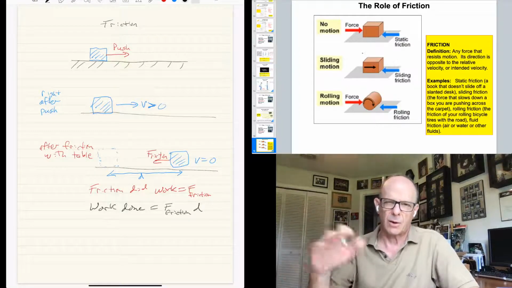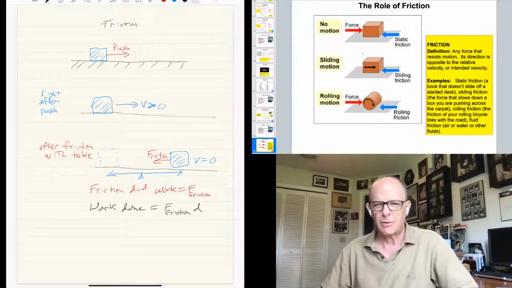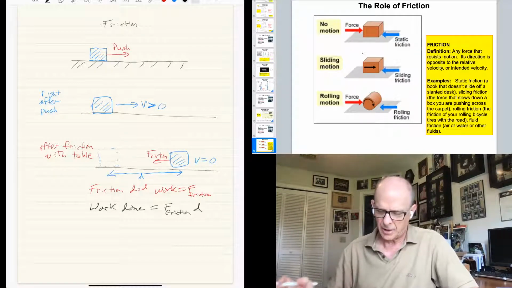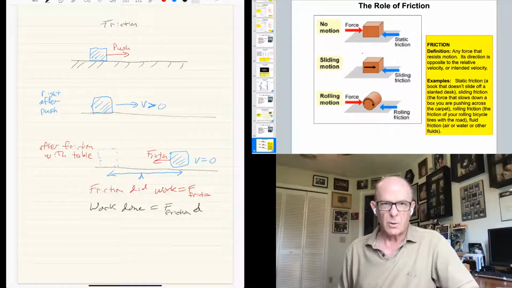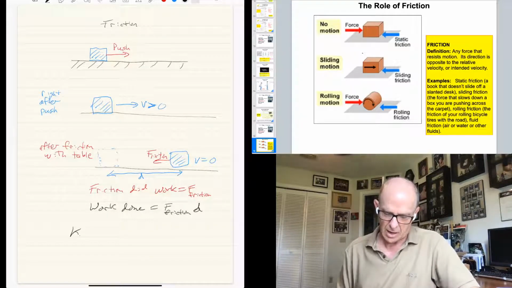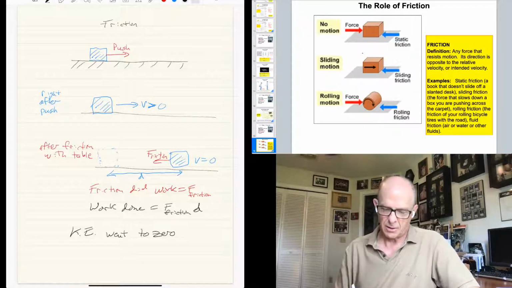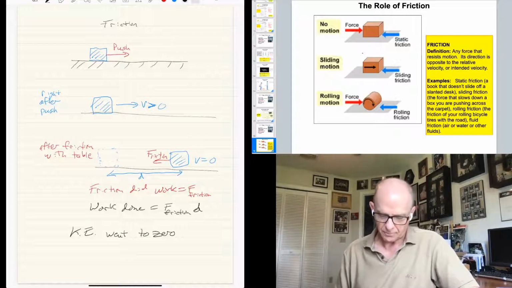We have to know things that we're not going to worry about in this class, like coefficients of friction, how heavy the block is, what the materials are made of. We don't really care about that. But this is our usual work equation. It's a force times a distance. And so that changed the energy. So the kinetic energy of that block went to 0, but it started at some non-zero number up here after I pushed it. So where did that energy go?